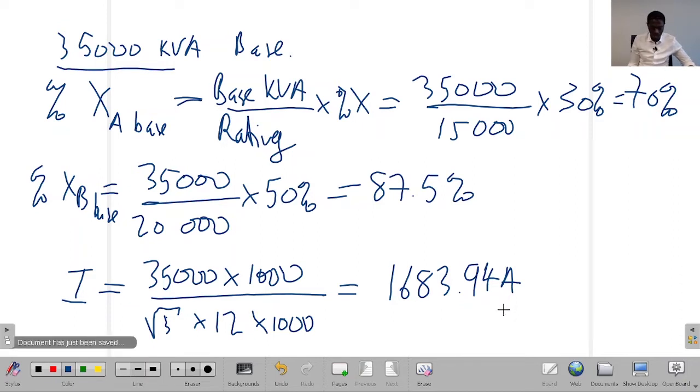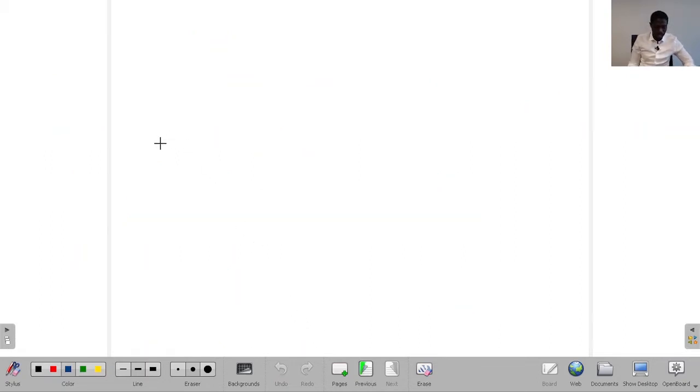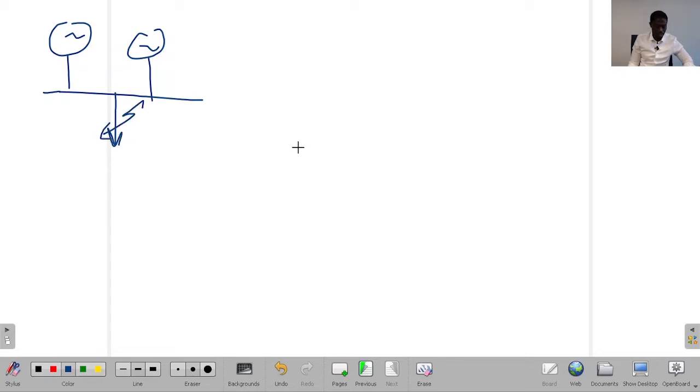Having calculated that current, we now need to draw a reactance diagram that is going to assist us to calculate the short circuit current. Coming from what we have, if you remember, we've got two generators that are connected through the bus bar, and then we've got a fault in the feeder as shown.